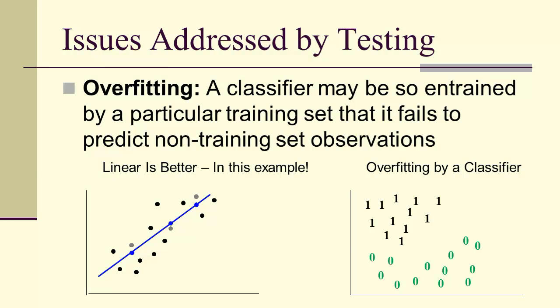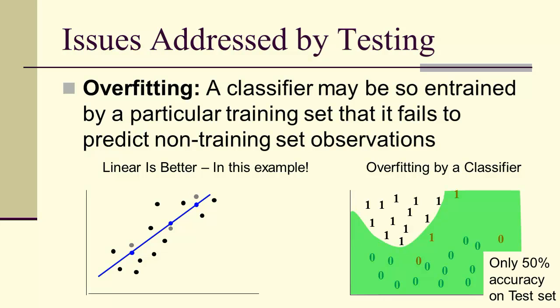Let's look at the analogous idea for a classifier. We've got two classes, ones and zeros, and we've got some test data. Overfitting might mean that we're so fit to the quote boundary of the class 1 data that when we then look at our performance on the test set, in this case we only have 50% accuracy.